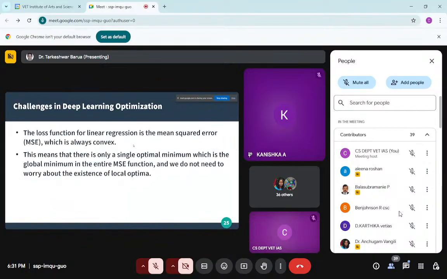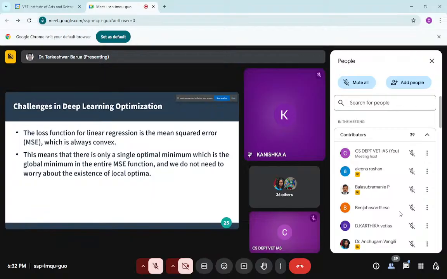Now, what are the challenges we face in deep learning optimization? The loss function for linear regression is the mean squared error. In linear regression, we faculty members might have faced this issue: the mean squared error is always convex.